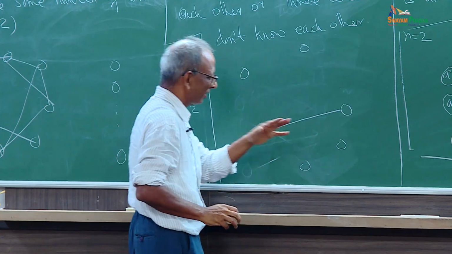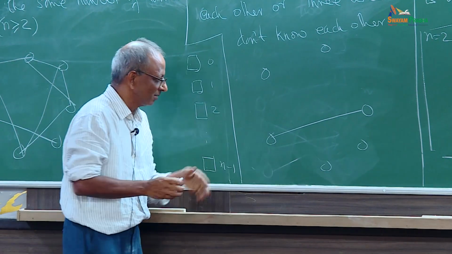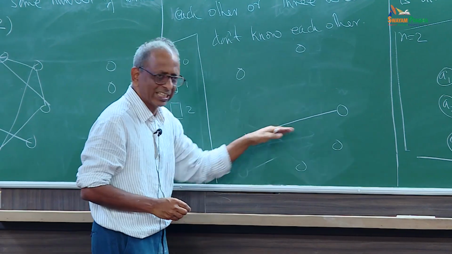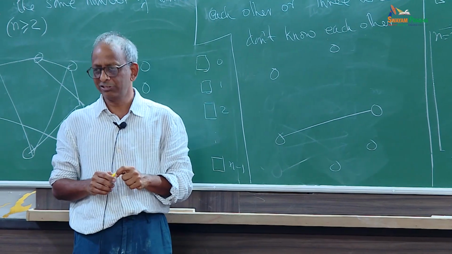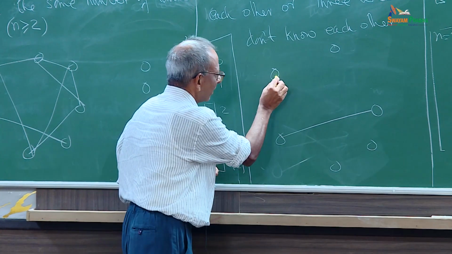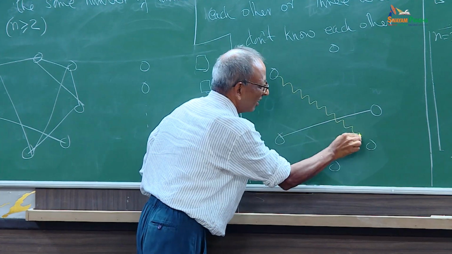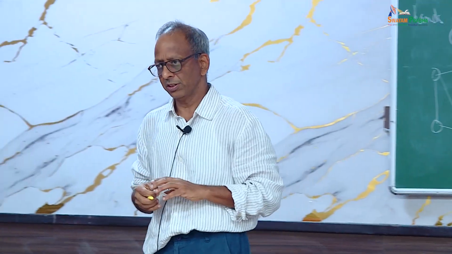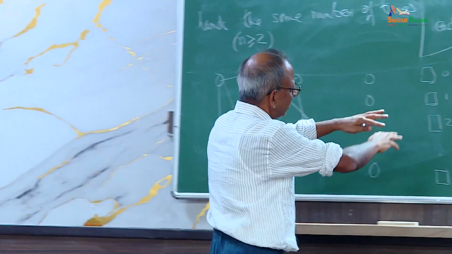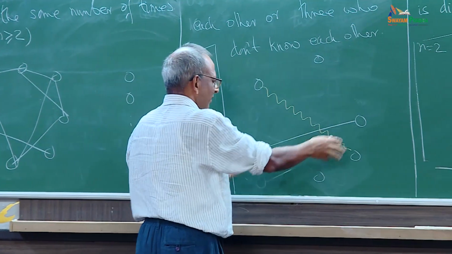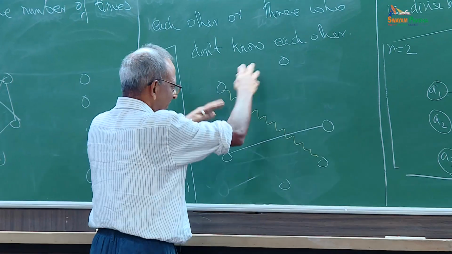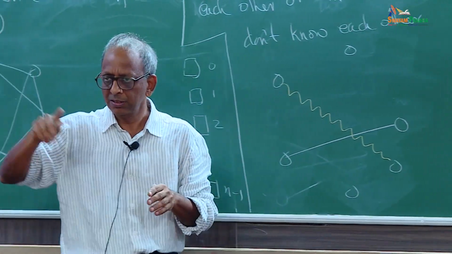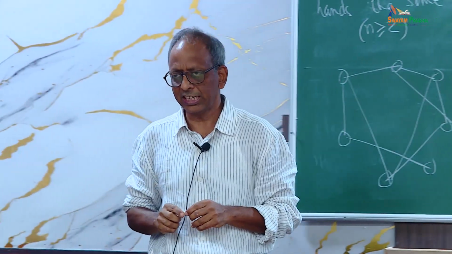There are colors here, but I don't know how well they work. A straight edge means they know each other, and a yellow wavy edge means they didn't know each other. So if I take these 6, every pair is either a straight edge or a wavy edge.